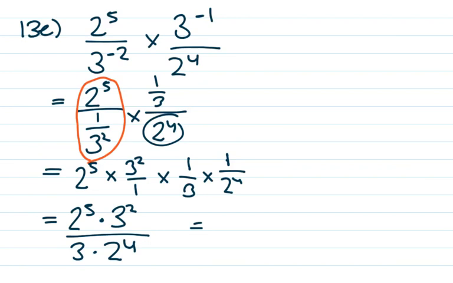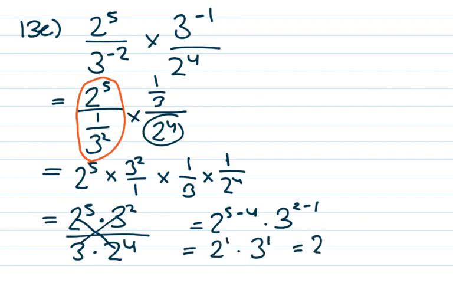And now I can just use the division rule and subtract exponents. So I have 2 to the power of 5 minus 4 times 3 to the power of 2 minus 1 equals 2 to the power of 1 times 3 to the power of 1 equals 2 times 3, which equals 6. All right, 14d.